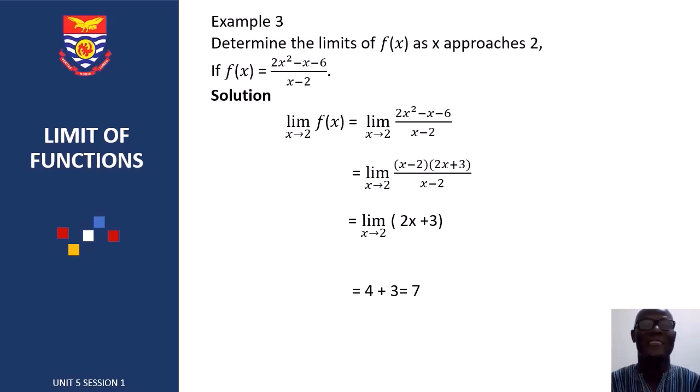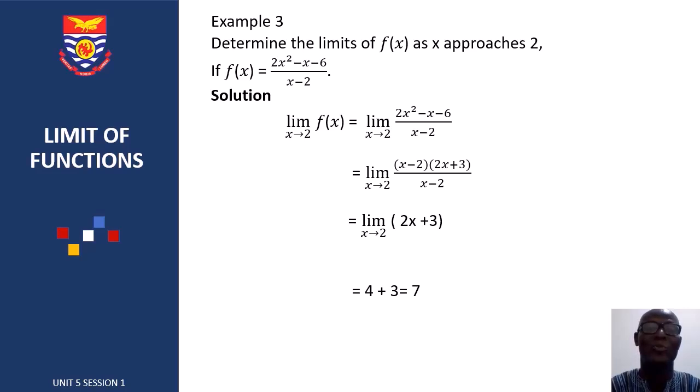Example 3. We want to determine algebraically the limit of the function f of x equals 2x squared minus x minus 6 all over x minus 2 as x approaches 2. Now when we do the substitution, that is x is equal to 2 into the given function, we realize that the denominator gives 0.